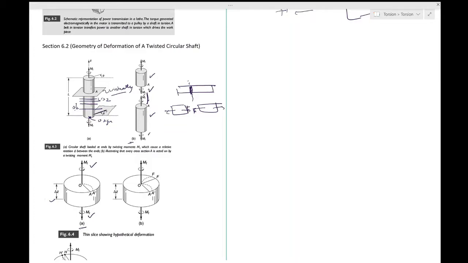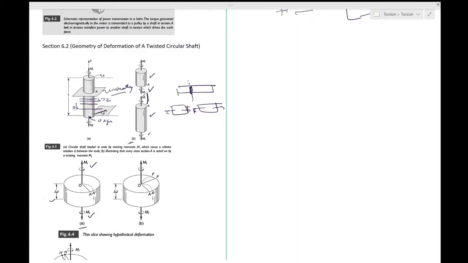Now because of its simple shape, the circular shaft is particularly amenable to symmetry arguments. Remember, in the thick cylinder problems, there was also a symmetry because of its shape, and a similar thing will be happening over here as well. So that is one of the other reasons we started off with a circular shaft.